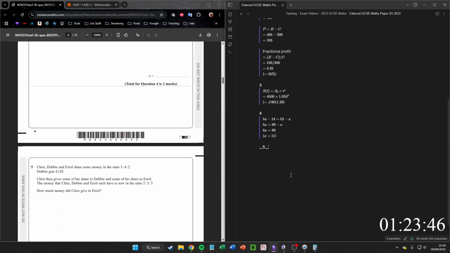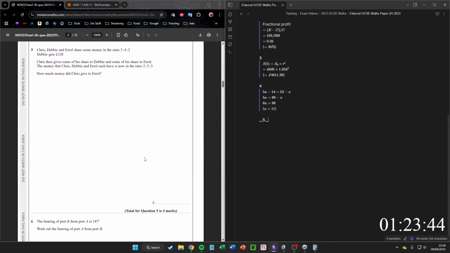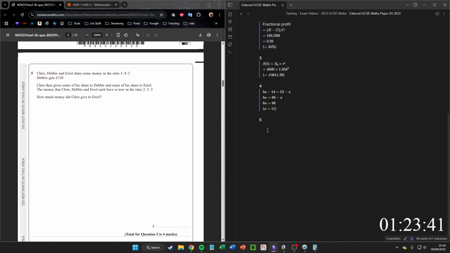Question 5. Chris, Debbie, and Errol share some money, so I'll just write this down now. The ratio C:D:E is equal to 3:4:2. I'm sure it's no coincidence that the names start with C, D, and E. And we'll just say that Debbie, the money she gets, D, equals £120.